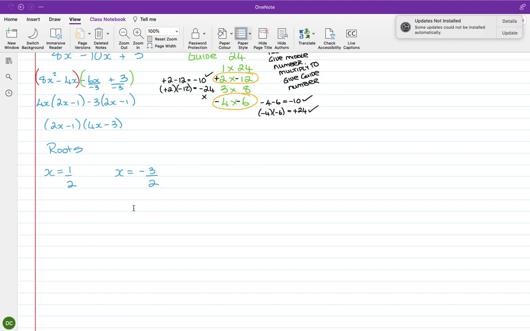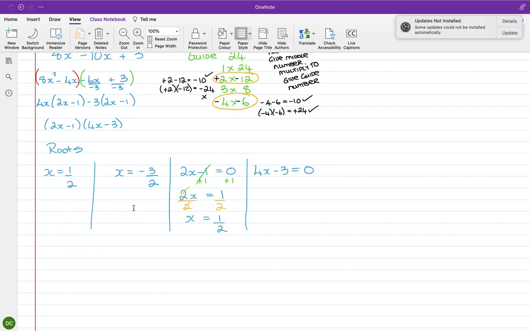And then my next two roots, so I have 2x minus 1 equals 0, and I'm going to get a root out of that. And then I have 4x minus 3 equals 0, and I'm going to get a root out of that. So plus the 1, plus the 1, so 2x equals 1, and then divide by 2, divide by 2. So I'm getting x equals a half.